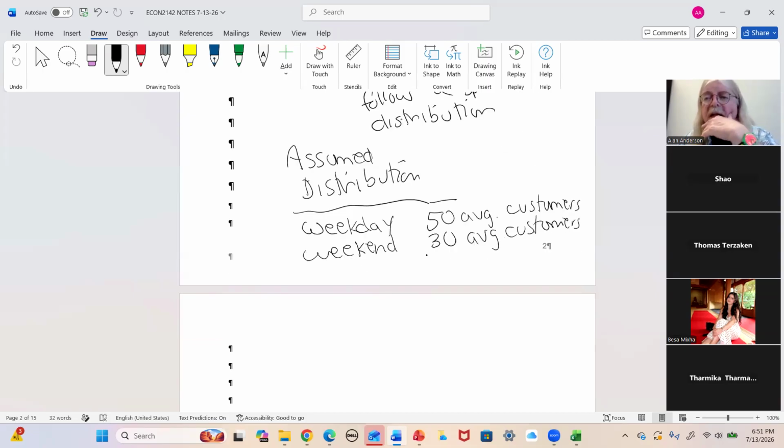Actual distribution from our sample, let's say we choose a sample, we observe the actual numbers for the last 100 days or 100 weeks, whatever.